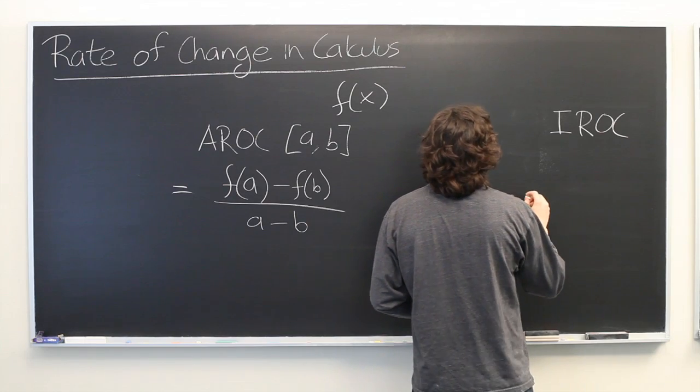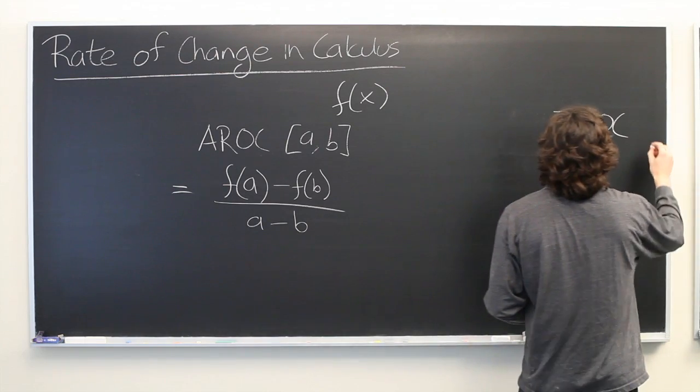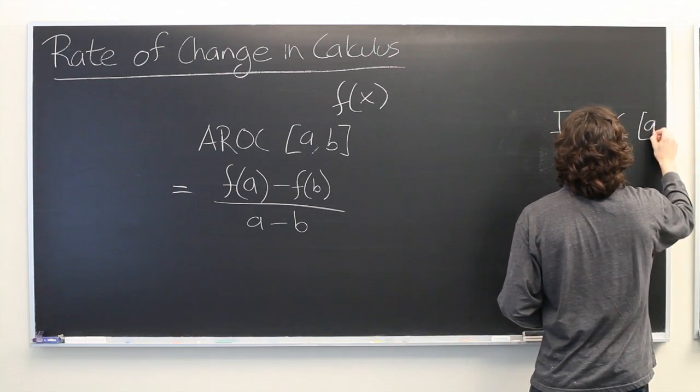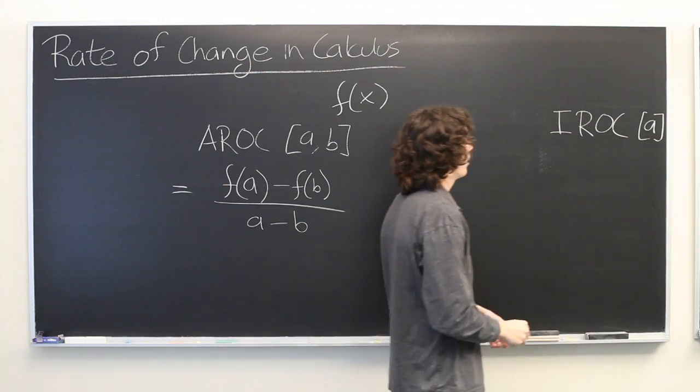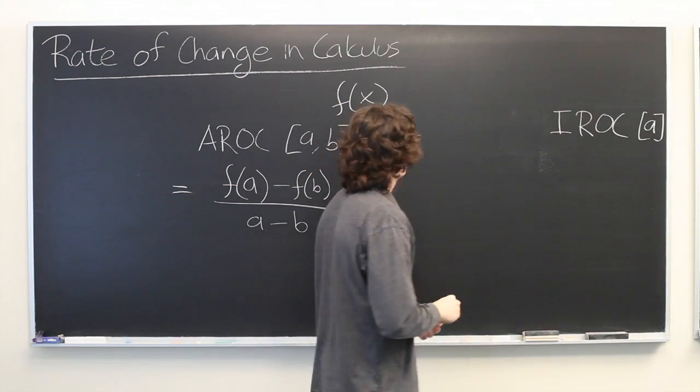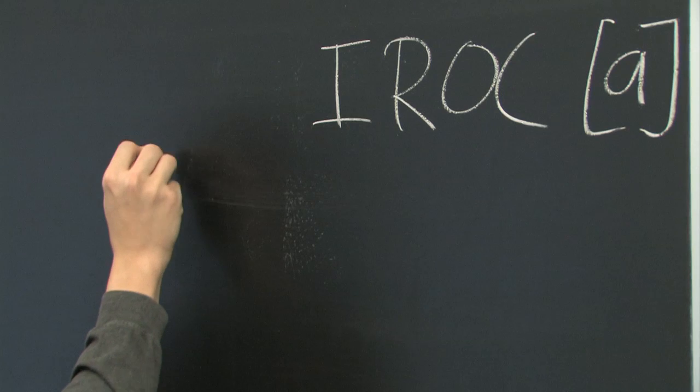So let's say that we want the instantaneous rate of change at some value a. This is given by a limit.